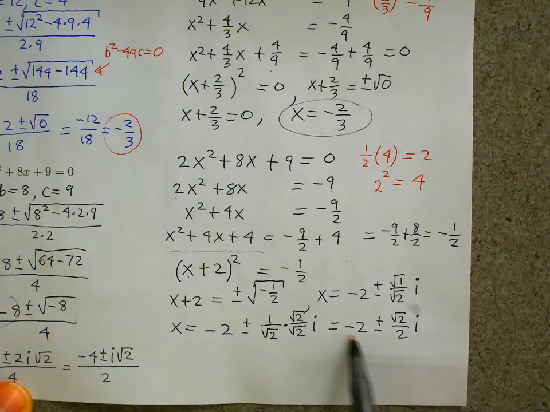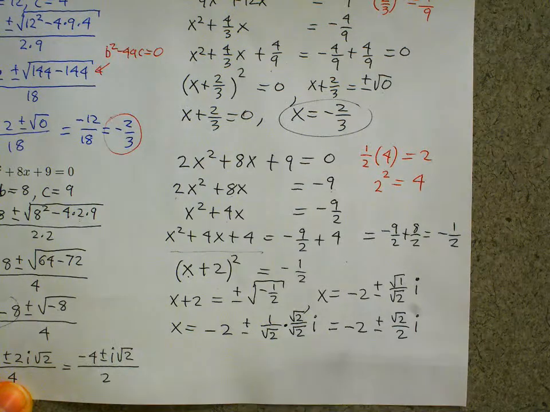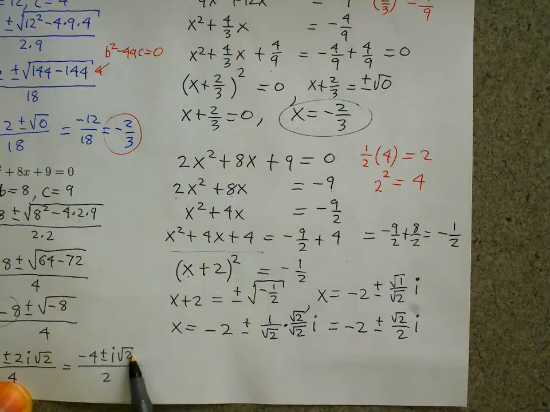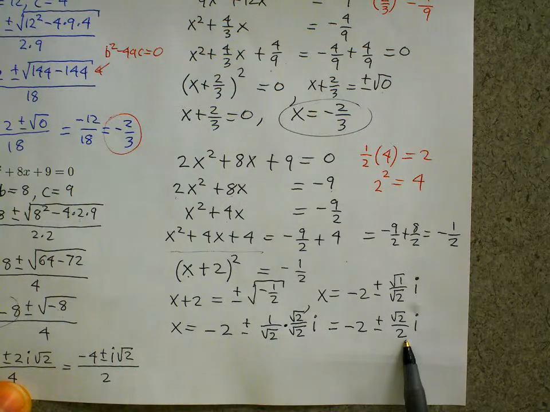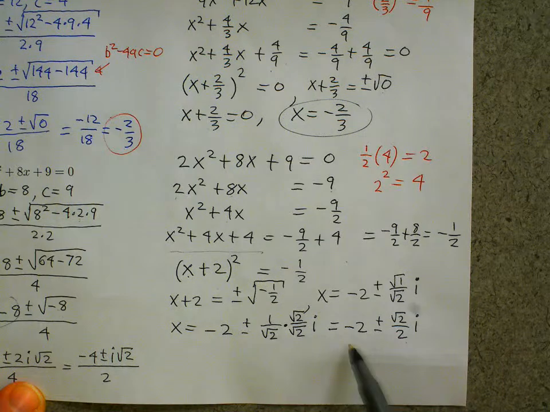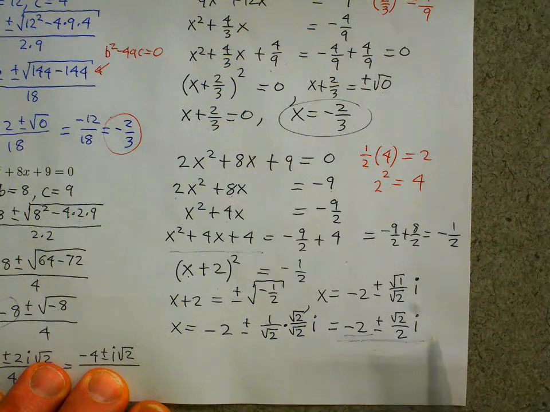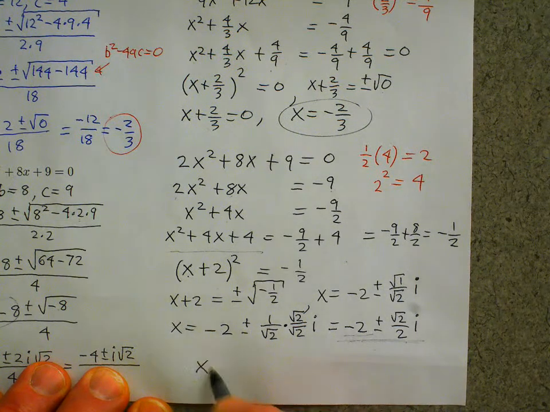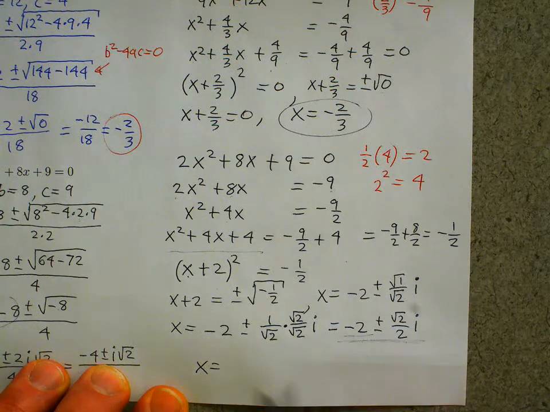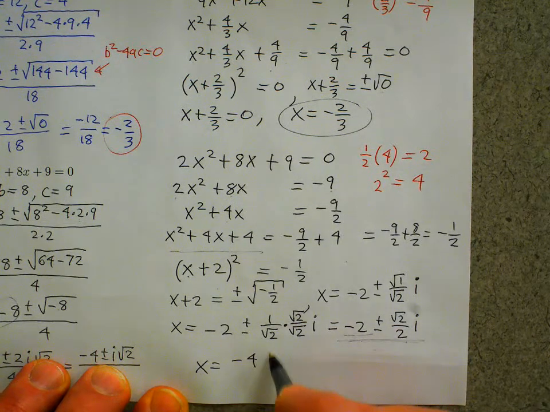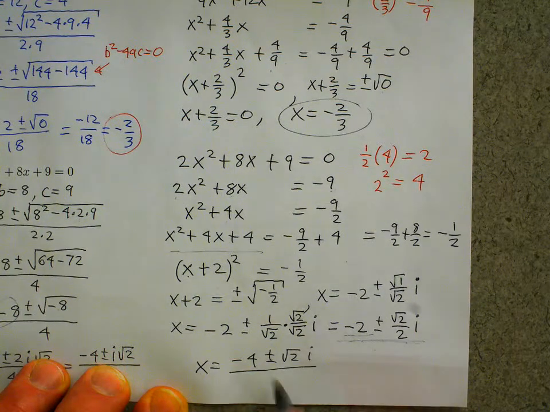It's just that the negative 2 is equivalent to negative 4 over 2. But the square root of 2 times i still has a denominator of 2. So this is an okay answer, but if you want everything to be over 2, then you have to multiply negative 2 by 2 over 2. If you do that, you'll get x equals negative 4 plus and minus the square root of 2 times i, all over 2.